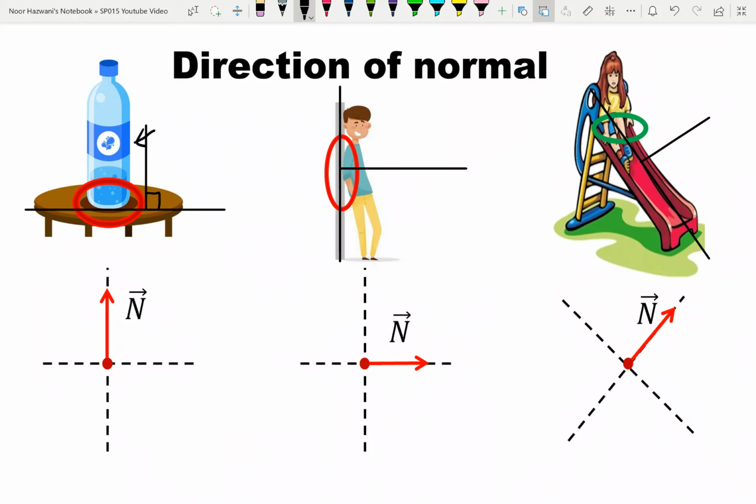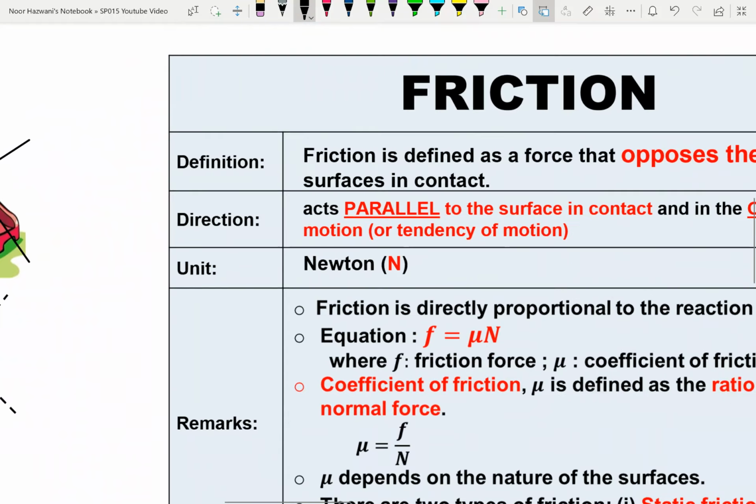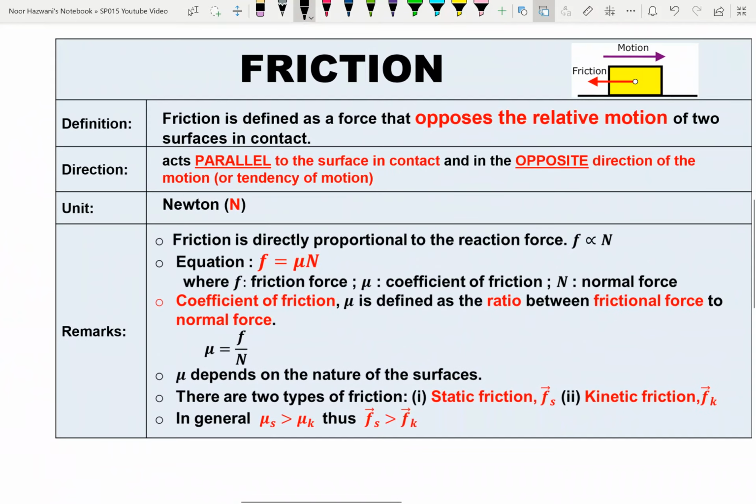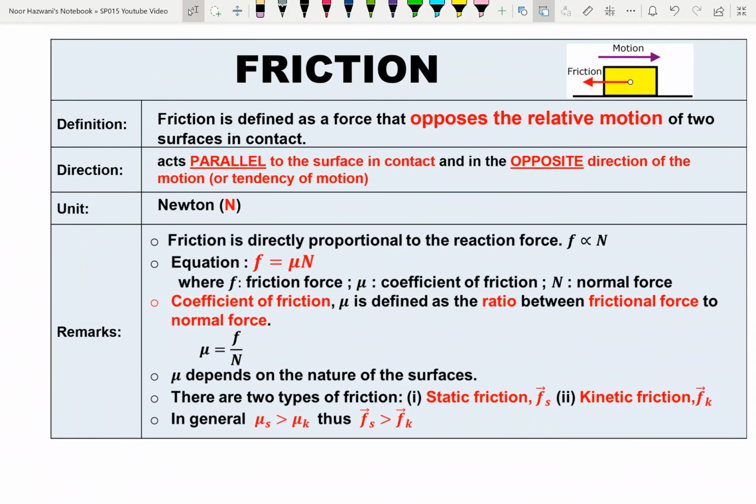Okay, next kita pergi friction. Friction secara generalnya adalah force yang oppose the motion. Direction dia mesti parallel to the surface in contact, tetapi mesti dilukis opposite to the direction of the motion ataupun tendency of the motion.